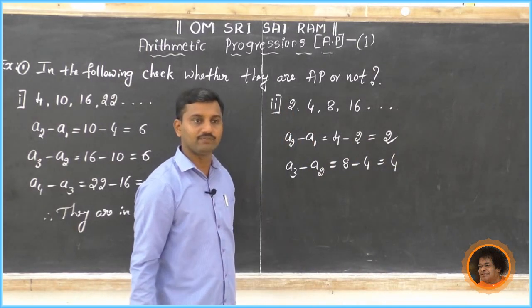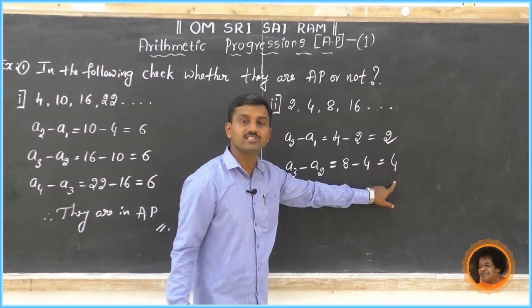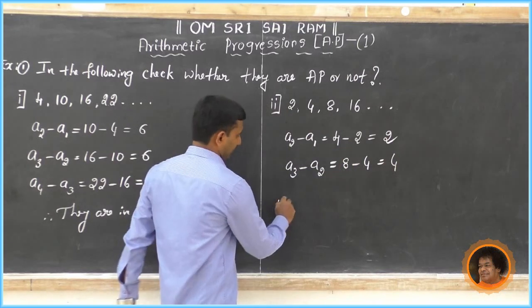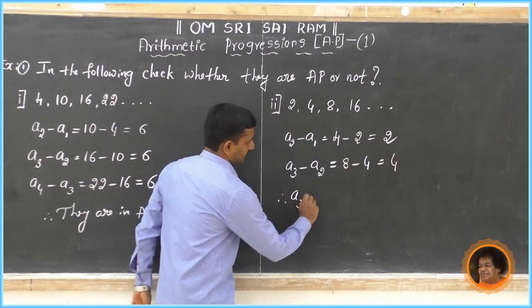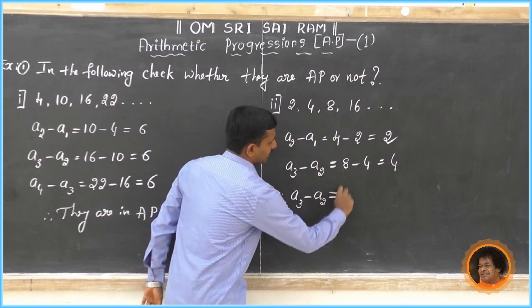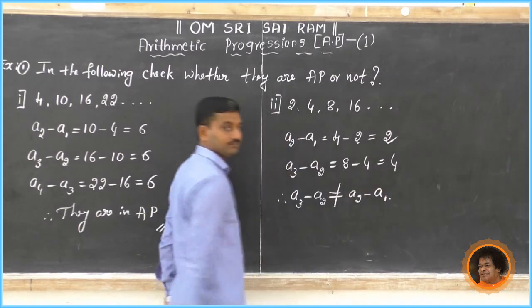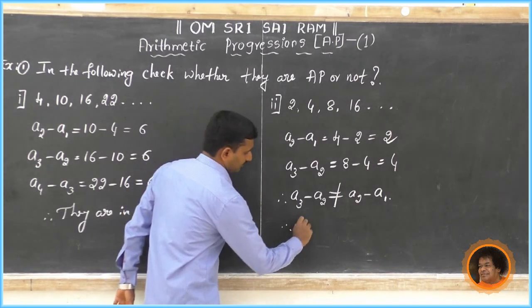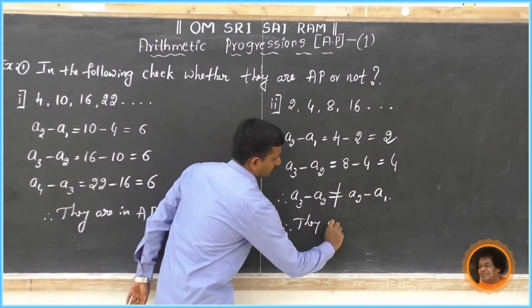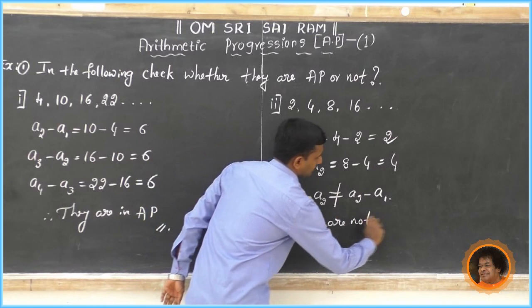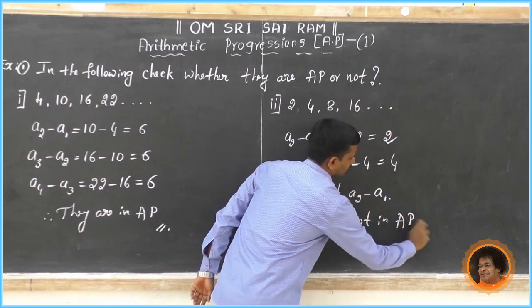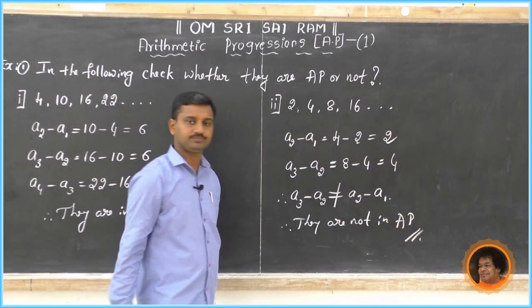Just look at the common difference. The common difference is not equal. So our conclusion: A3 minus A2 is not equal to A2 minus A1, so they are not in AP.